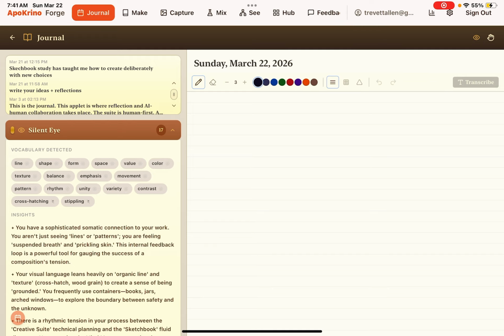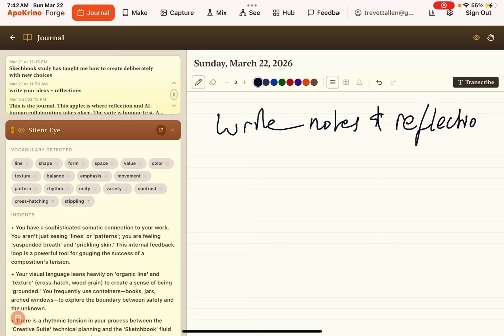Now I'm about to update this to take it to another level, but just so you can see, I can write notes and reflections, and as I showed you in a previous video, we can make a checkbox and make action items that get recorded.